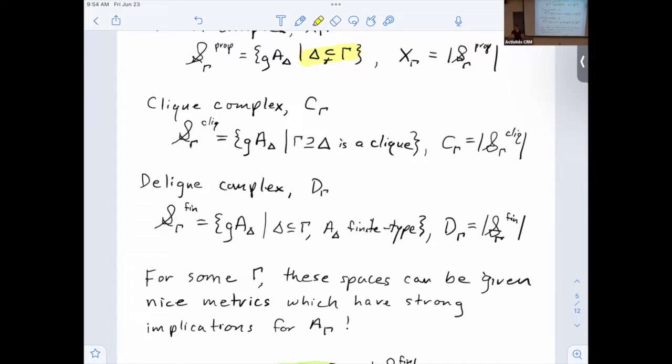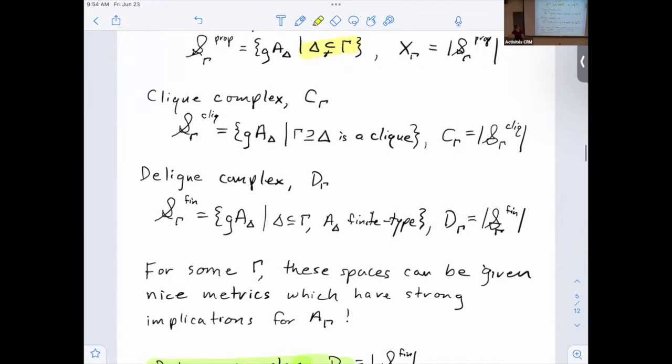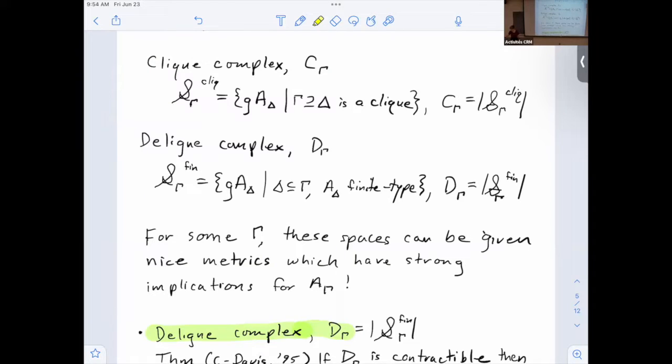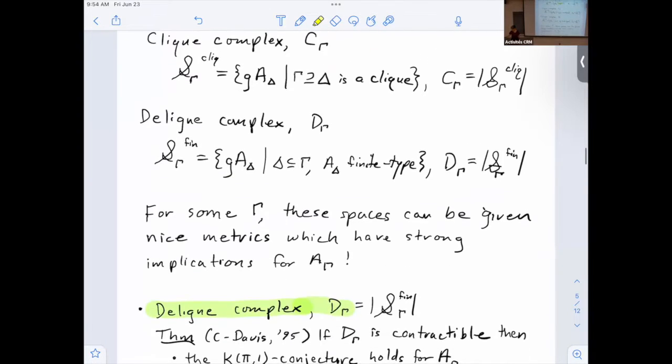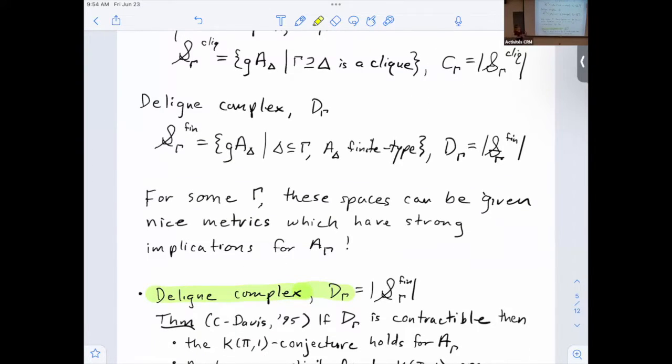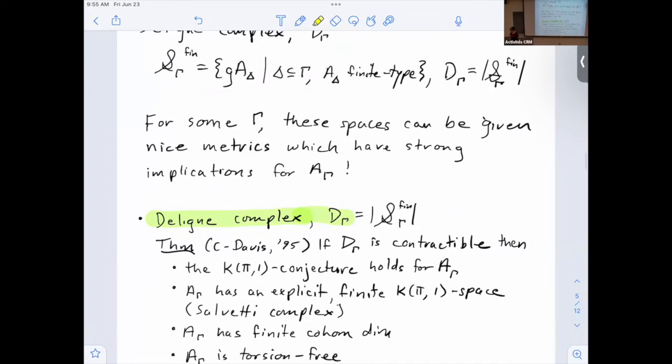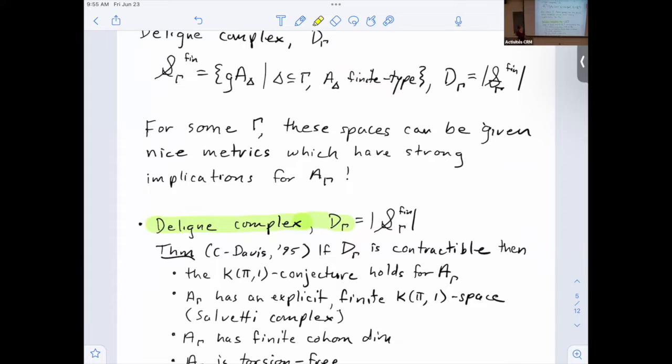So what's been going on, well, for a while, but a lot of new work recently, is to work with one of these three spaces and show that we can put some really nice metrics on them, and then use the metric properties to get theorems to learn about the Artin groups. Okay, all right. So let's look at this. All right, let's start with the Deligne complex. That was actually the first one.